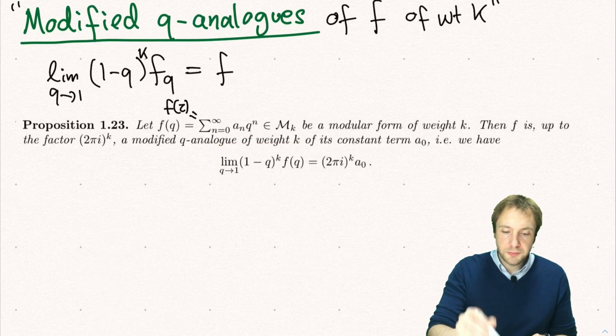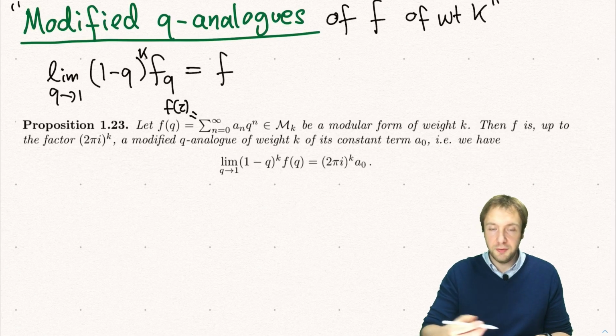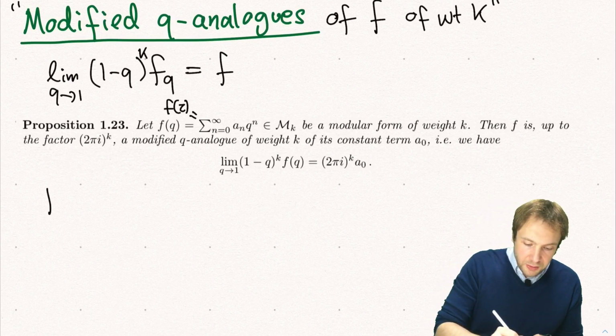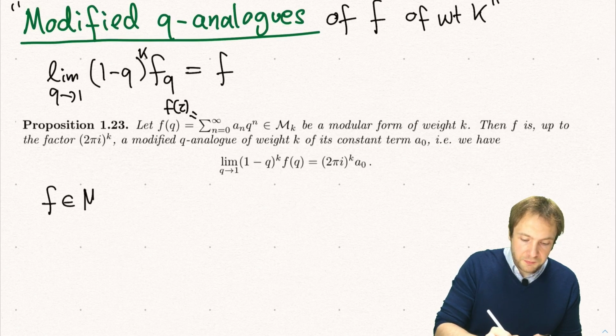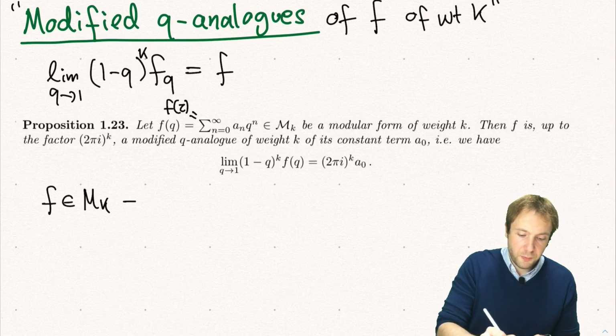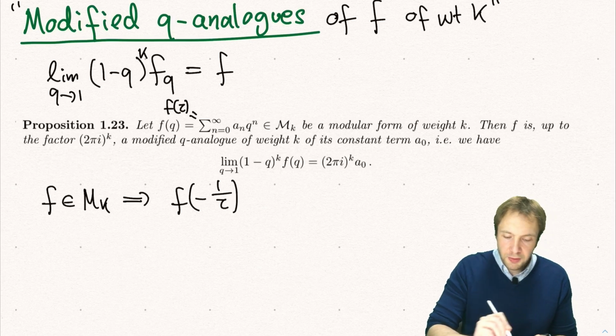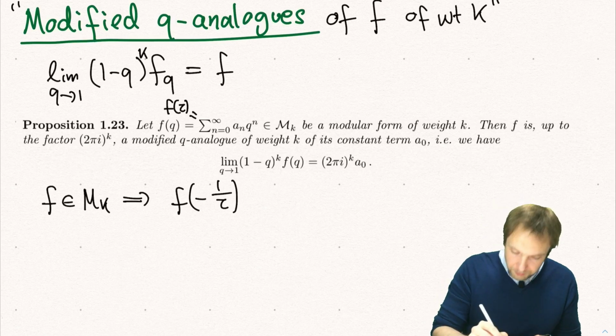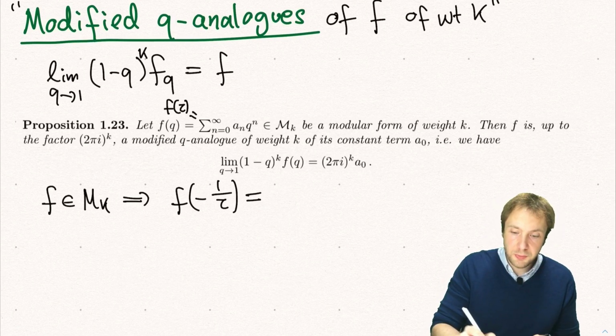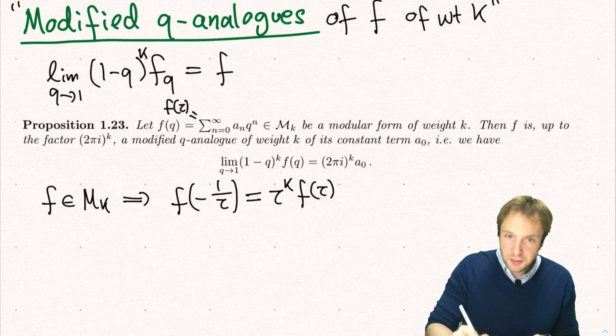But there's also a more direct way using the definition of modular form to show this property. So remember, if I have a modular form of weight k, then it satisfies this transformation property, that f of minus 1 over tau equals tau to the k f of tau.